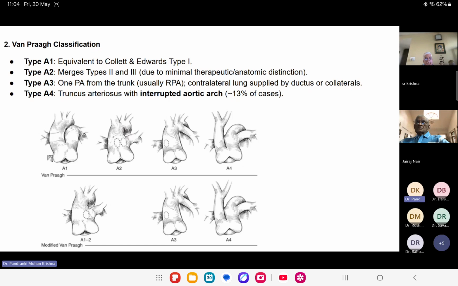So being merged as A2, and type A3 tells that there is only one pulmonary artery from the trunk, usually from the right, and the contralateral lung is supplied from the ductus or from collaterals. These cases will also be seen quite frequently, around three cases in 100. And type A4 is truncus arteriosus with interrupted aortic arch. In these cases, around in 100, we can see around 5 cases.